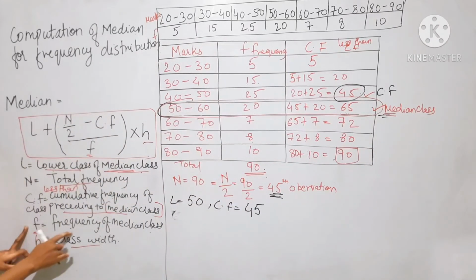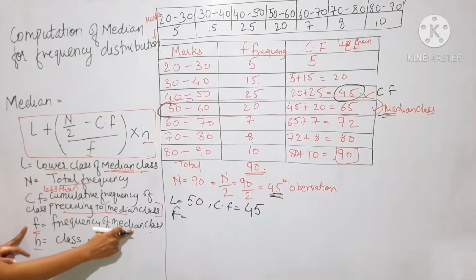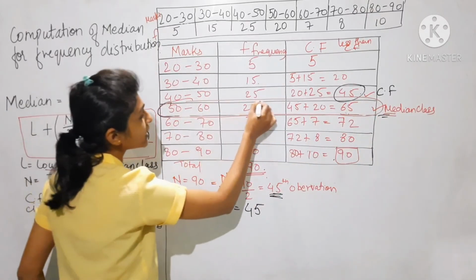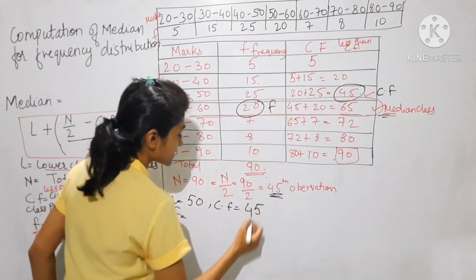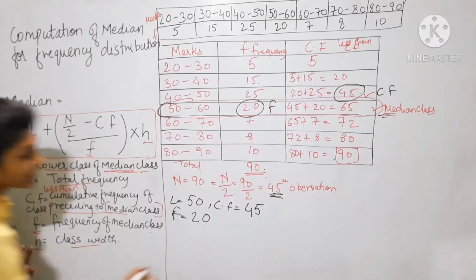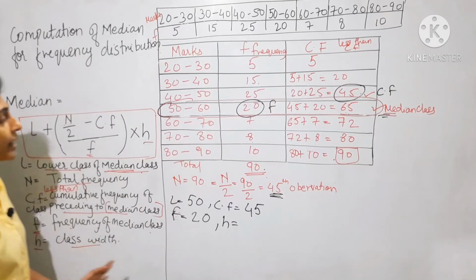Next, F is what? F means frequency of the median class. So this is the median class. What is the frequency of the median class? 20. So 20 is the frequency. Next we have to find H. H is class width, the height of this class.